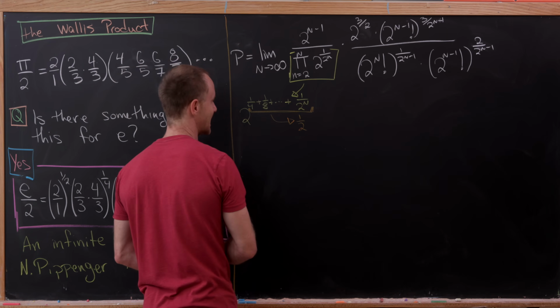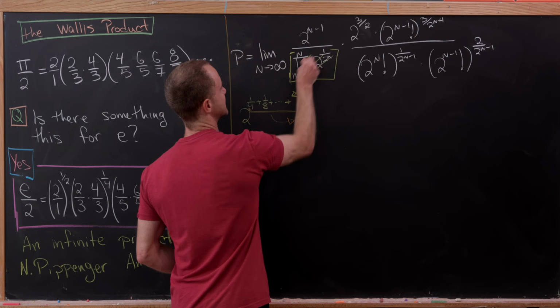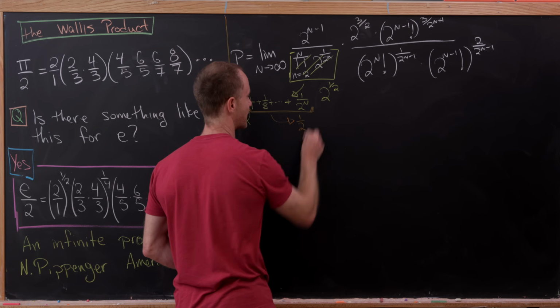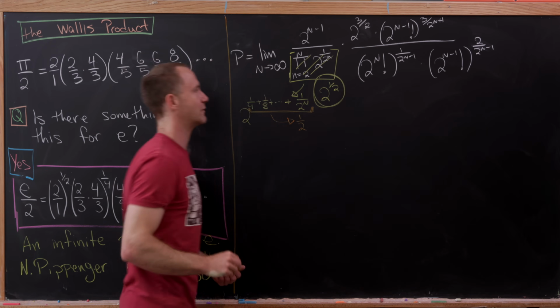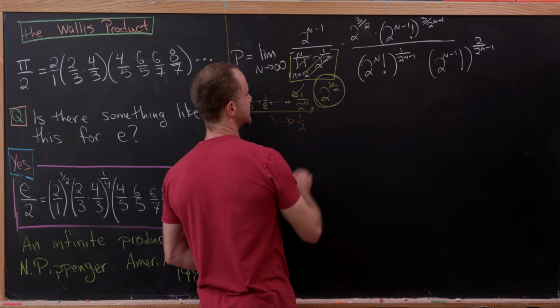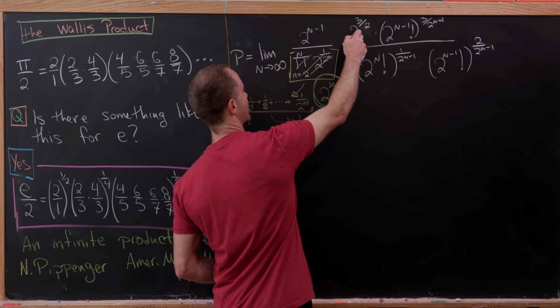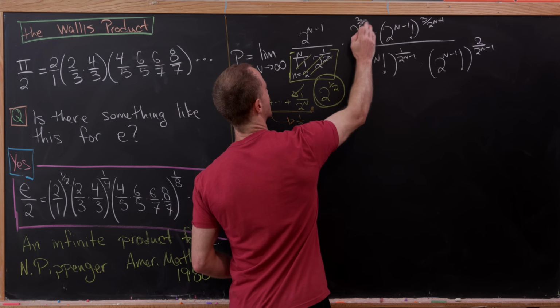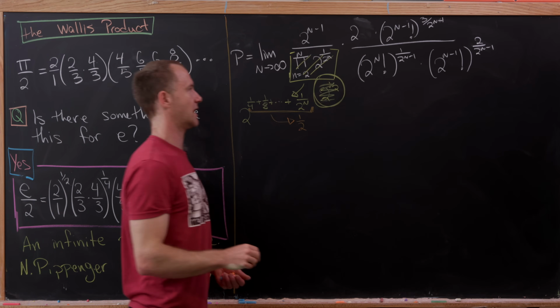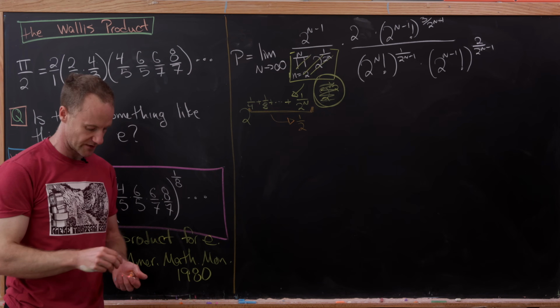That means I can take everything inside of this yellow box and replace it with 2 to the half power, and that's exactly what we'll do. That allows us to cancel this 2 to the 3/2 power down to just 2, so that just becomes 2 in the numerator.